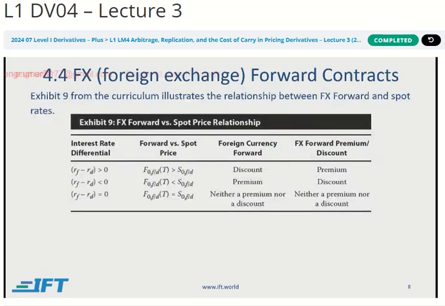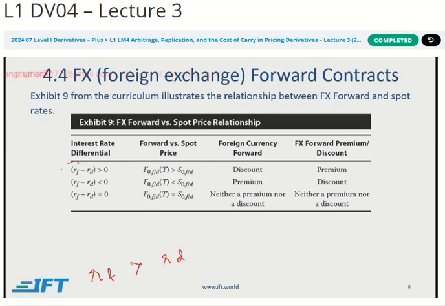For example, if RF is greater than RD, which means the foreign currency has a higher interest rate. That's not necessarily a good thing, because a high interest rate could mean they have very high inflation, which means their currency is going to get weak.